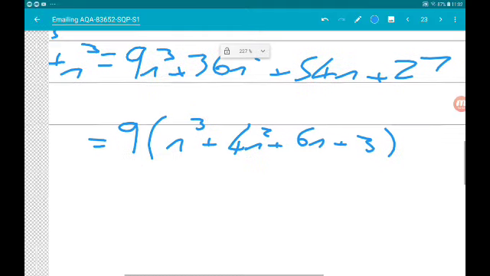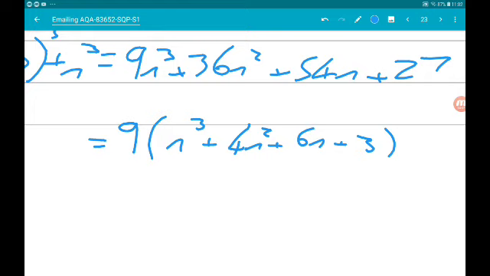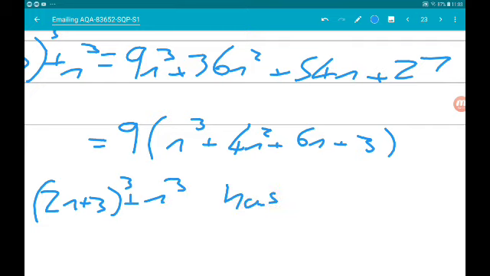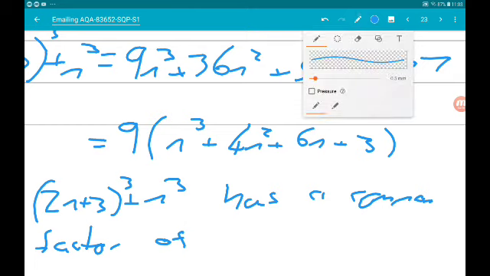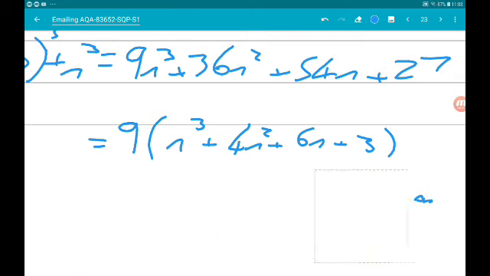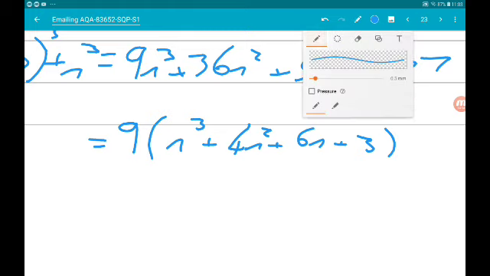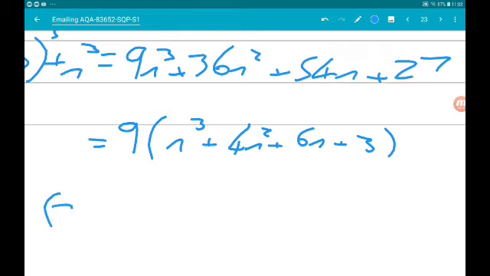So we can finish by saying 2n add 3 cubed add n cubed has a common factor of 9, or actually we can say slightly better, 2n plus 3 cubed add n cubed is a multiple of 9.